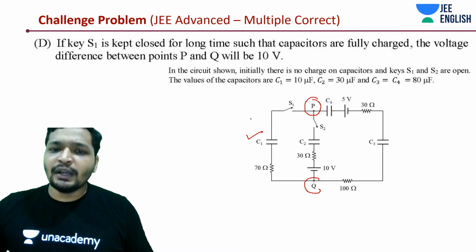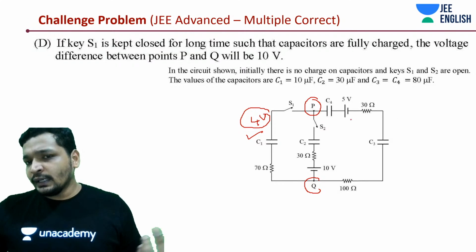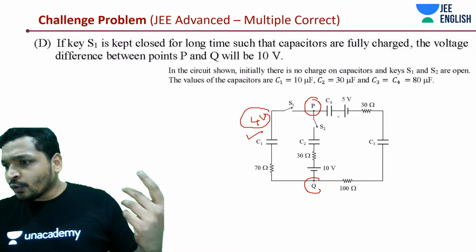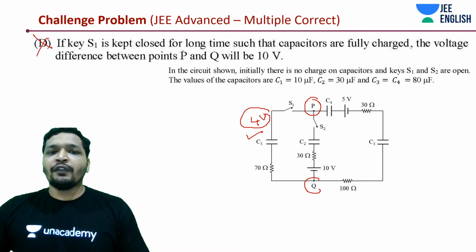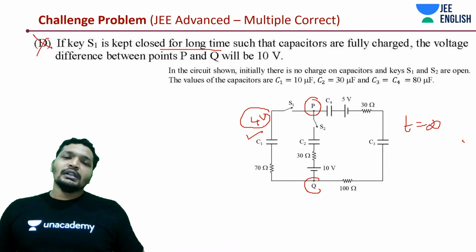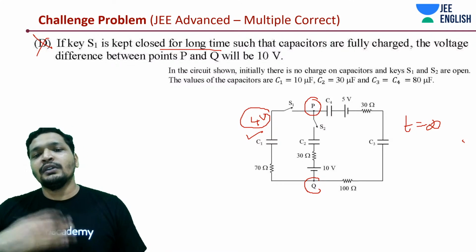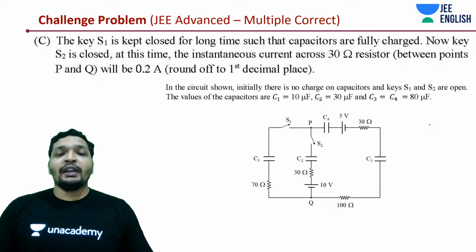Basically same as C1, 4 volts. So this is wrong. For a very long time, t is equal to infinity, this does not work. Simply you could have answered this question and probably even avoided one negative marking.